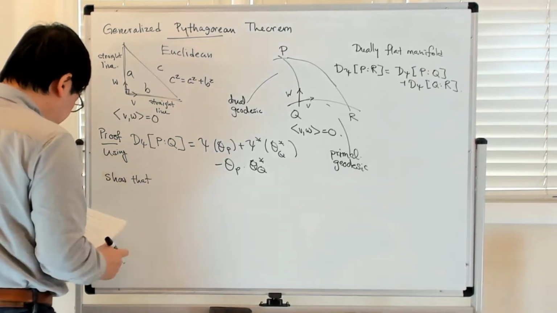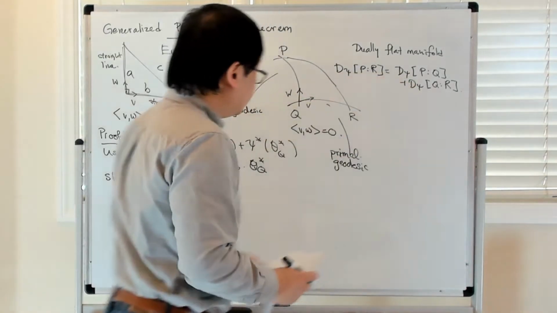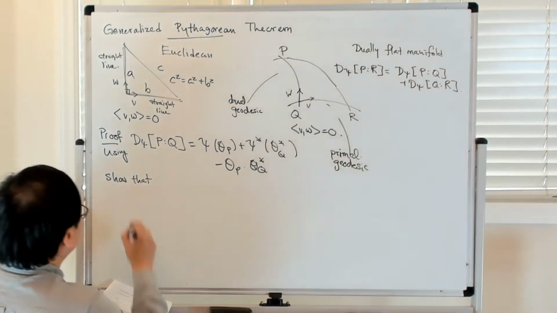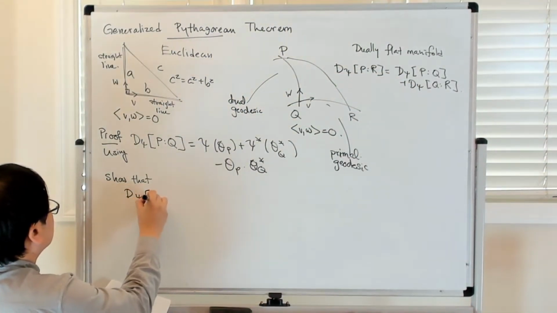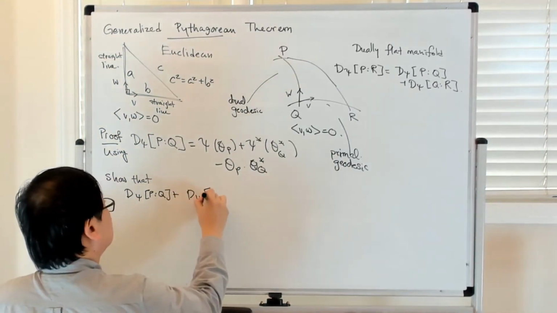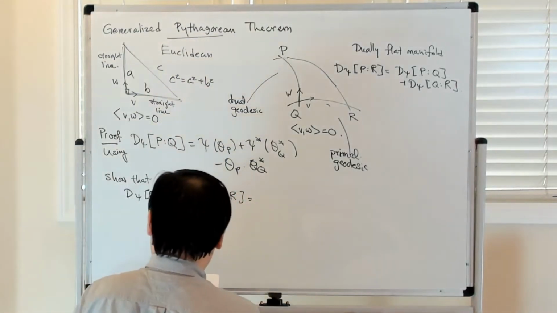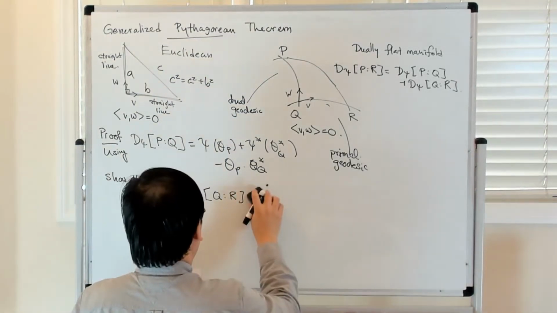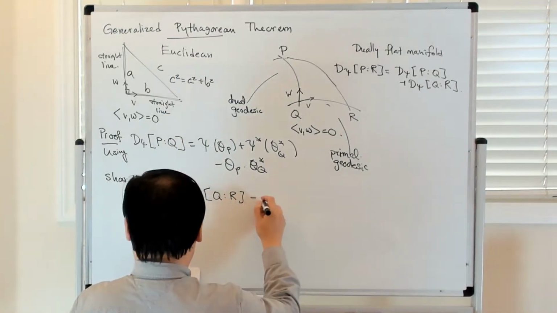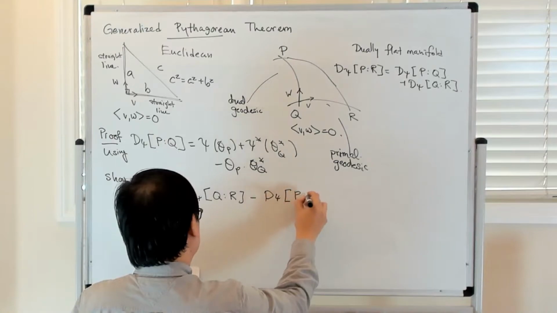I'm going to add these two things together, and show that PQ plus QR minus PR is 0.